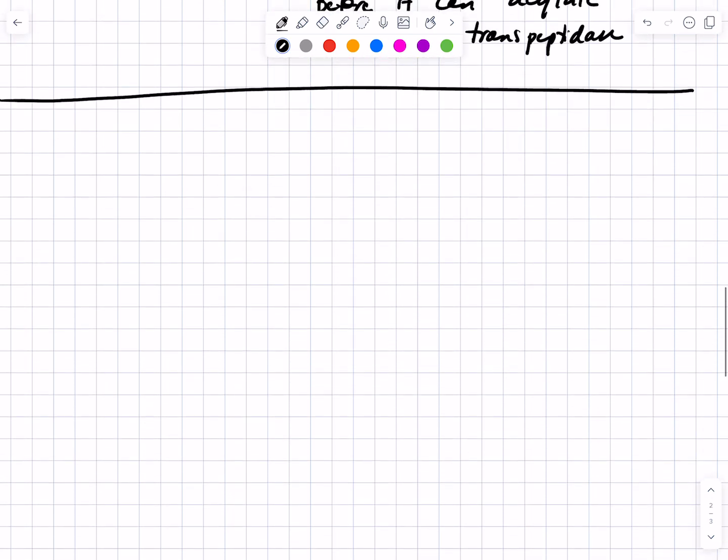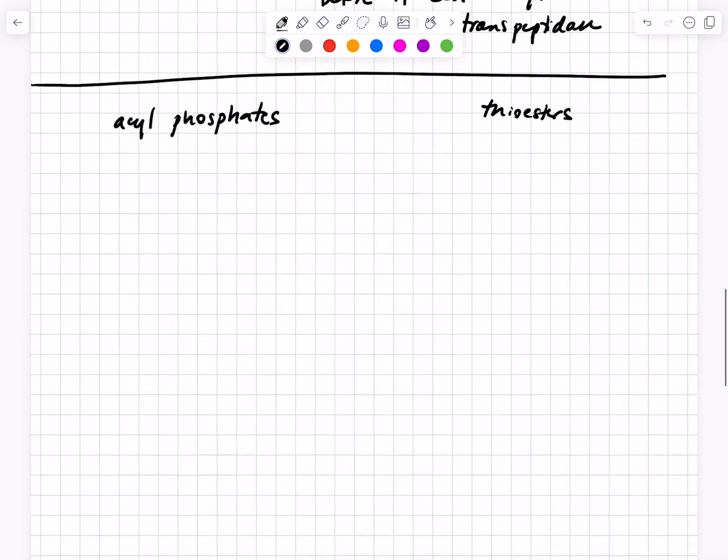So we're now going to talk about acyl phosphates as acylation agents and also thioesters. You have seen these before. We've talked about them. So this, at this point, should be something of a review.